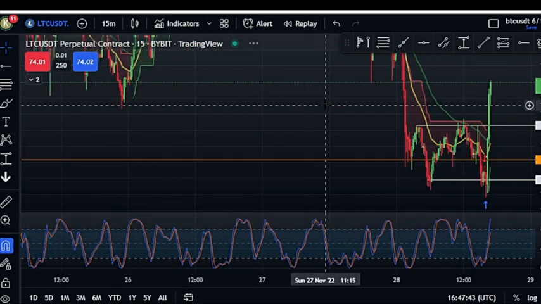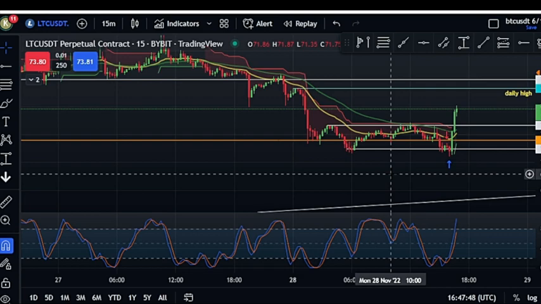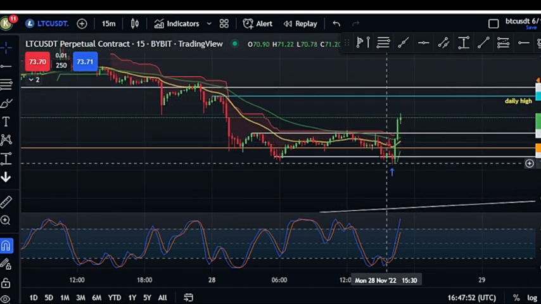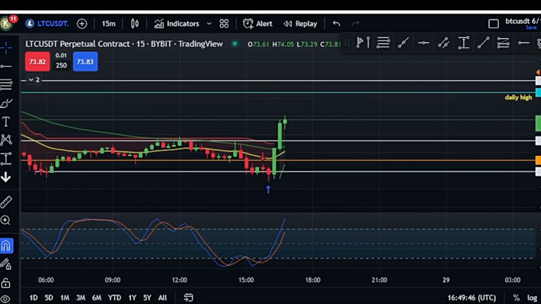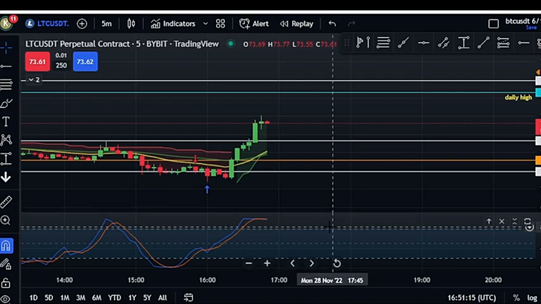So go back to the 15 minutes. And this thing just looks like going toward the daily high. So now we want to look for a long. Okay, seems like the 5 minute is cooling off right now.